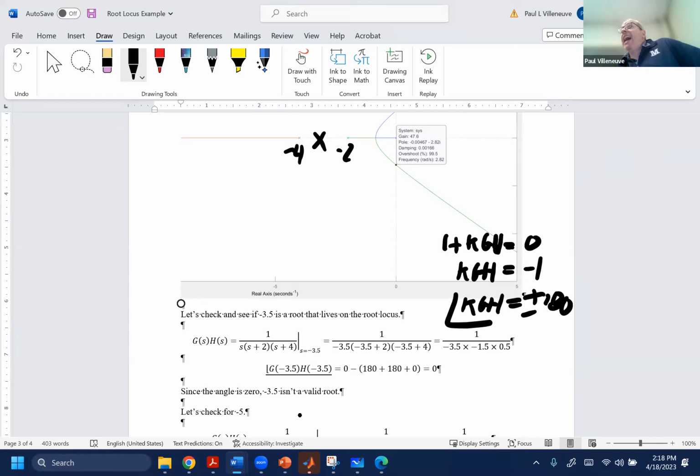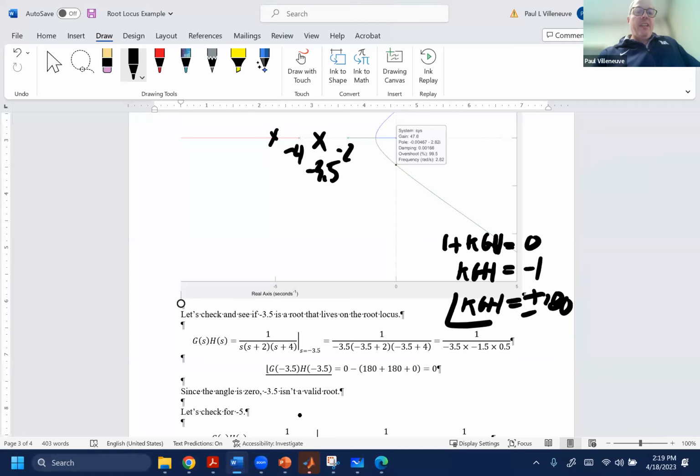I'm adding all the angles in the numerator and subtracting all the angles in the denominator, and I end up with 0. Does 0 equal plus or minus 180? It does not. So minus 3.5 is not valid, which is good because it doesn't show a red or a green line existing there. That's not a valid point.